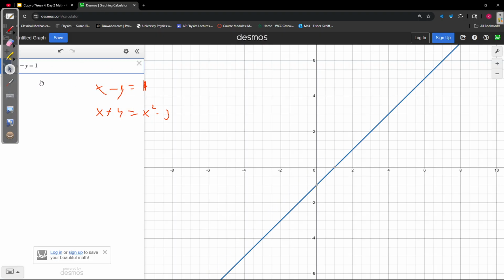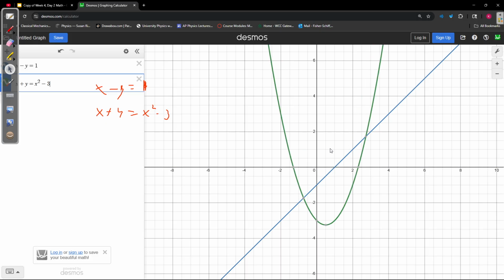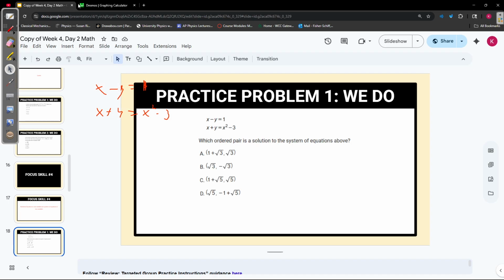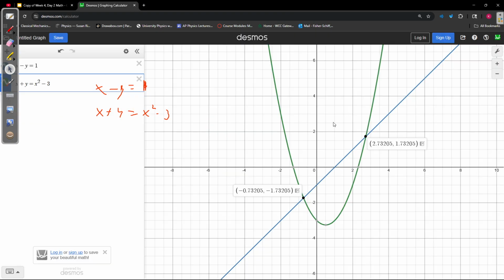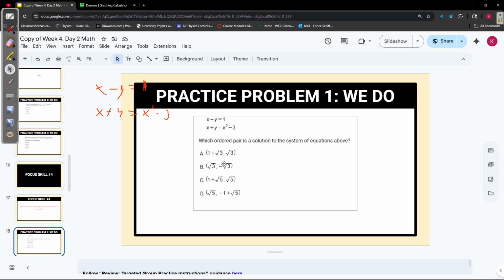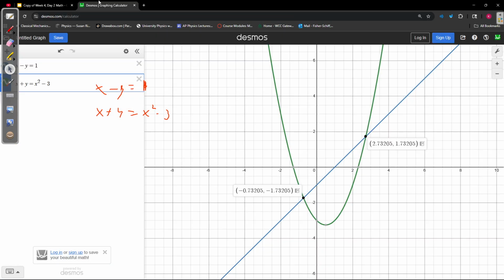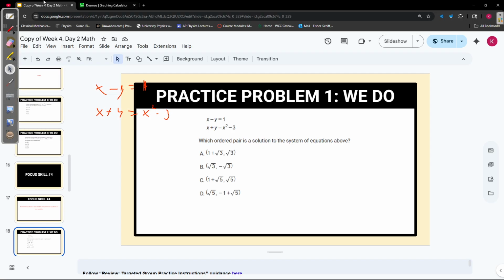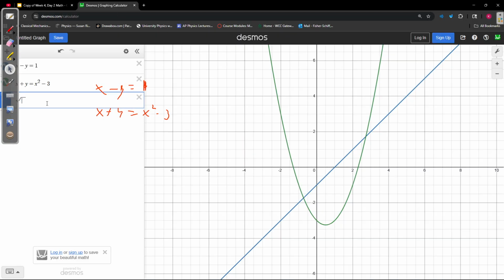So x minus y equals 1. x plus y equals x squared minus 3. Solutions. I don't think any of the answers here are negative. They are not, so it's going to be this one. Now, we really just have to find out what this answer is, right? So let's see. Square root of, let's try the first one. Square root of 3 plus 1.